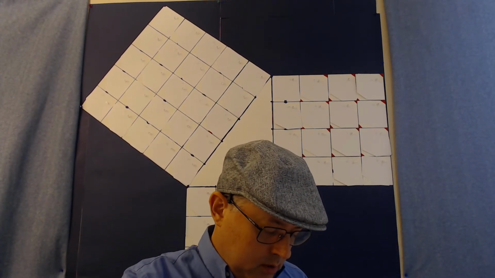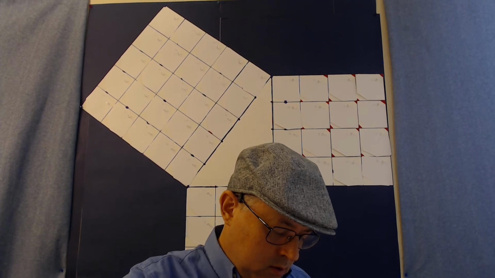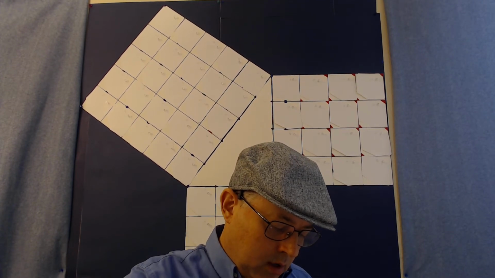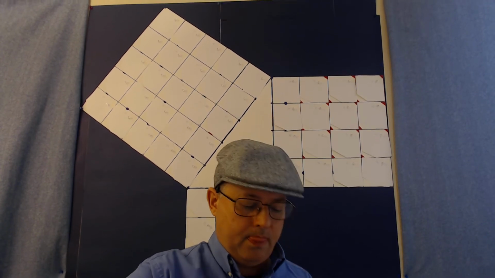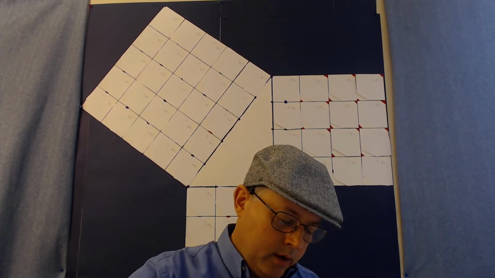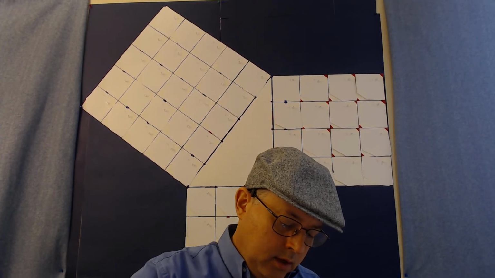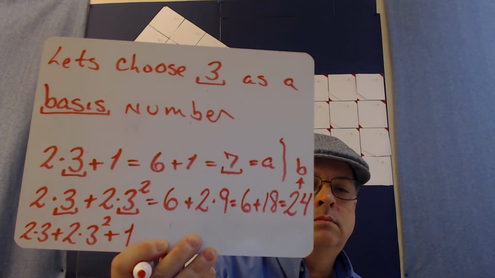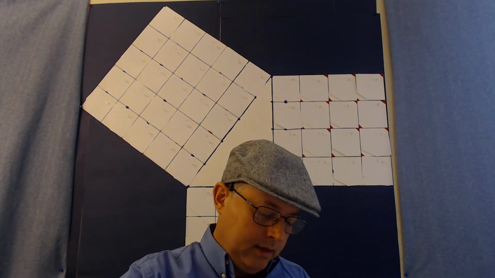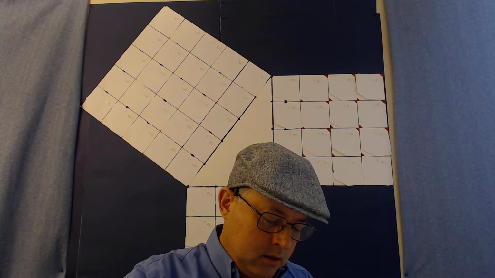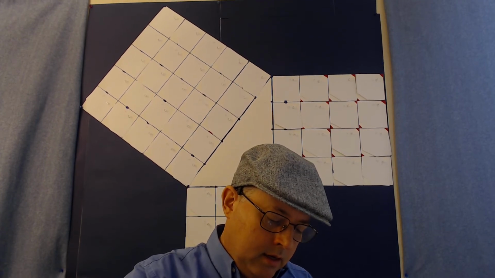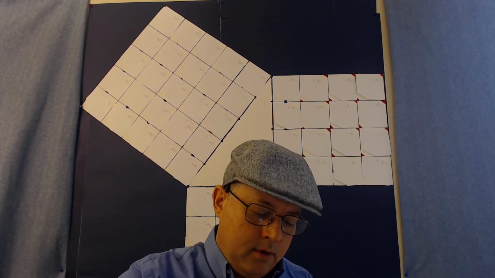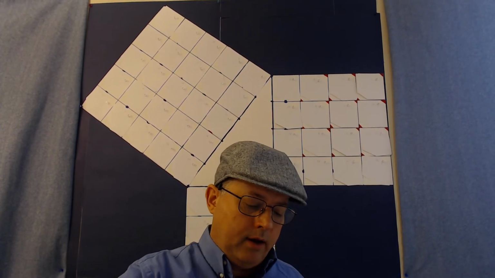So we're going to bring this all together. 2 times 3 plus 2 times 3 squared plus 1. We're going to add 1 to the previous manipulation. And so that gives us 6 plus 18 plus 1, and that's 25. And that's our C value.